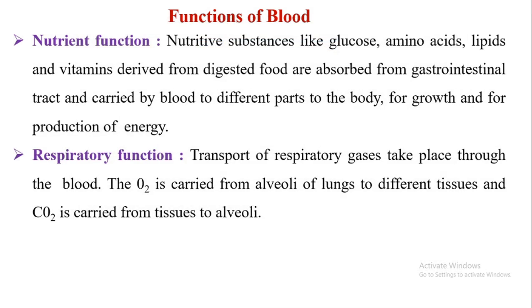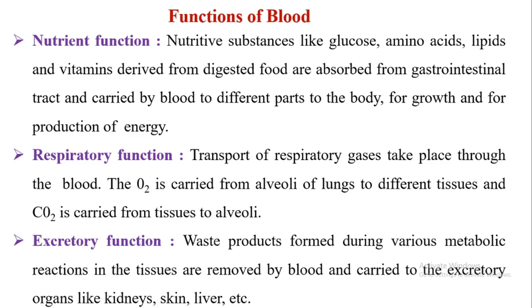The transport of respiratory gases takes place through the blood. O2 is carried from the alveoli of the lungs to different tissues, and CO2 is carried back to the alveoli from various parts of the body. The third function is excretory function. Various waste products produced during metabolic activities in the cells and tissues are removed by the blood and carried to excretory organs like kidney, skin and liver.